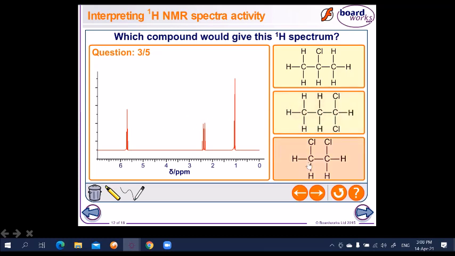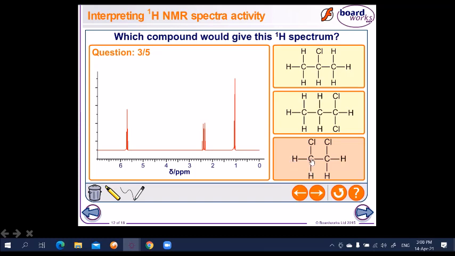Let's look at the third one. I would have these hydrogens here that are the same chemical group or chemical environment. But then again, these hydrogens would also be, okay, so I guess it could be another hydrogen group, but they're very similar to this one.